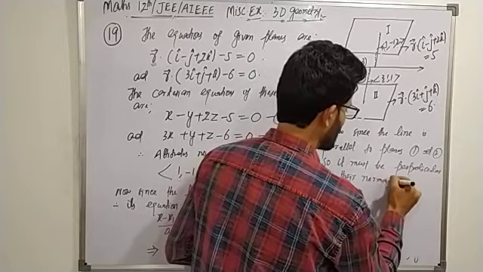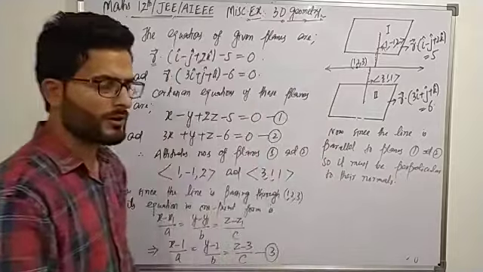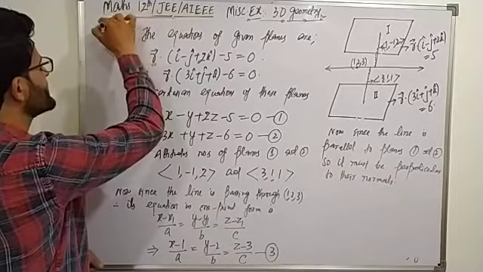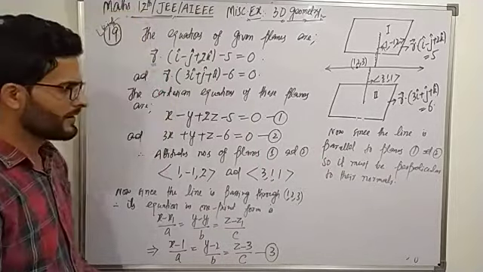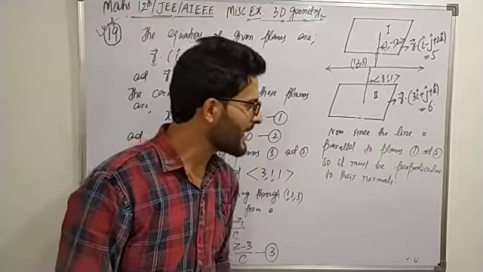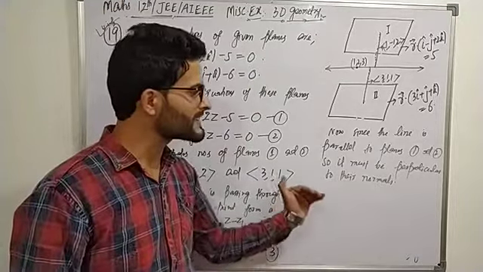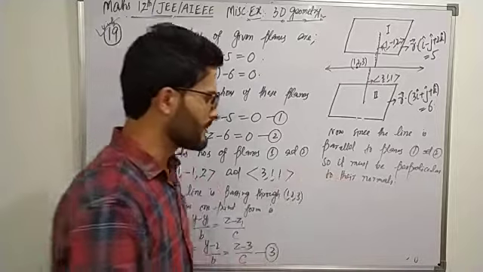This is an important question as far as your examination is concerned. So since the line is parallel to planes first and second, it must be perpendicular to their normals.